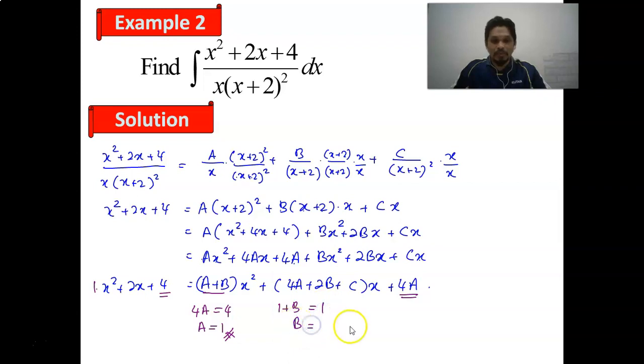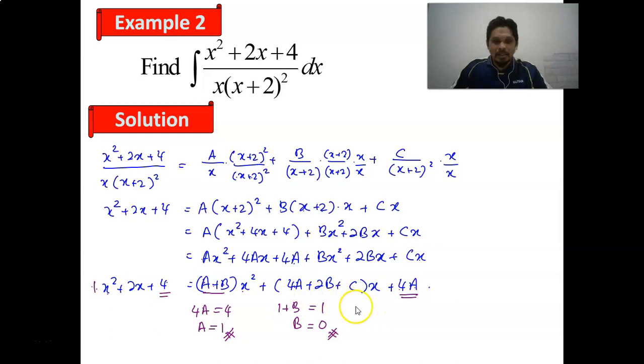So then B equals 1 minus 1 equals 0. Again, coefficient of x² and coefficient of x², where 4A equals 4, A equals 1, 1 + B equals 1, then B equals 0.